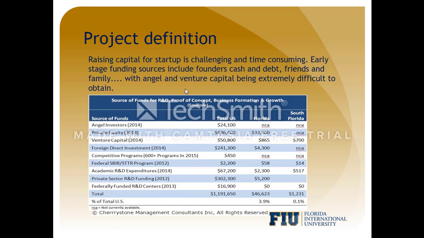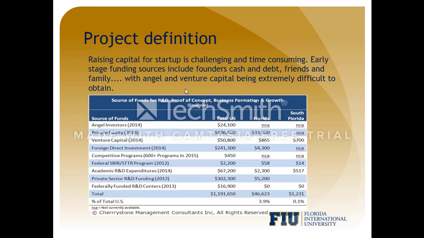A particular thing about this project is that the money we're talking about is allocated from the government, and it's available every year. As you can see in this table, the most right column shows the amount of money that goes to South Florida from those programs and sources of funding that the government provides.